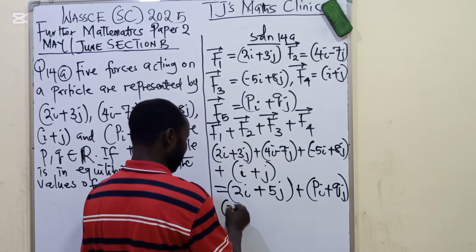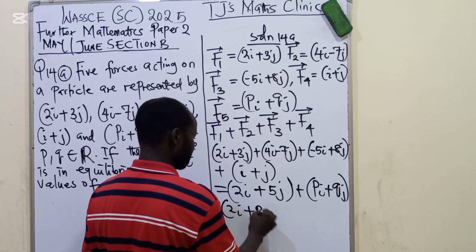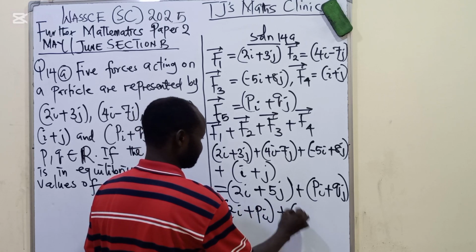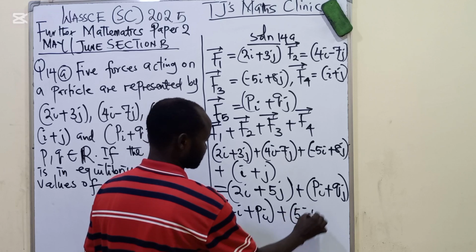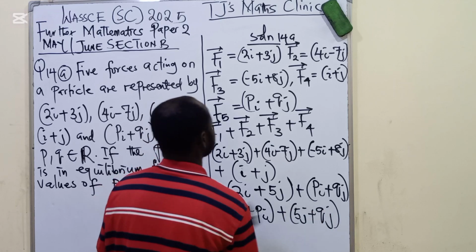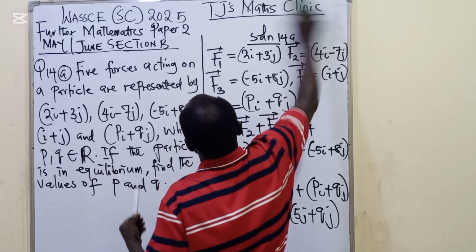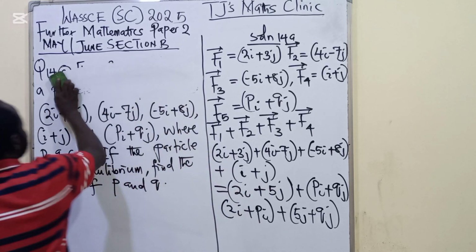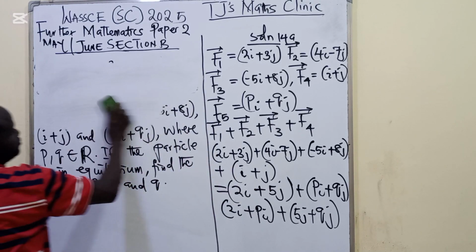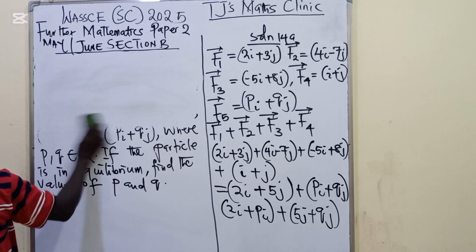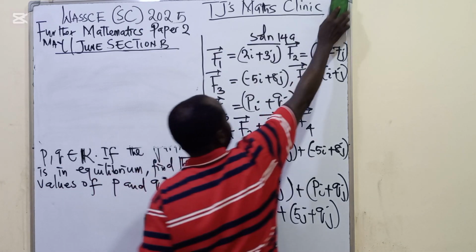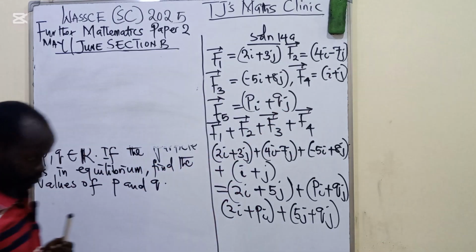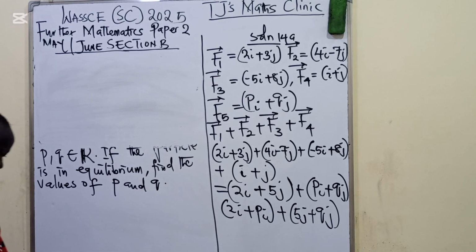This will now be 2i plus pi plus 5j plus qj. i to i, j to j. Permit me to clean this part so that we can have enough space. We are asked to find the value of p and q, given that p and q are real numbers.